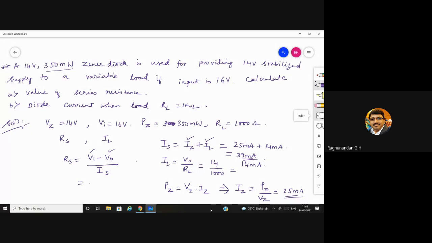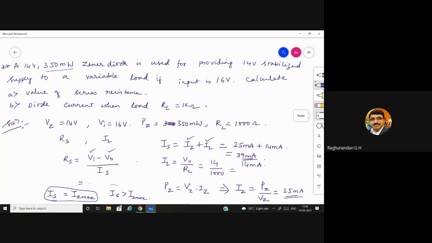Instead of taking IS equal to 39 milliamps, you have to take IS equal to IZ max. Otherwise it is going to damage the diode. So you should take IS equal to IZ max, so that even after removing the load resistance, it should not damage.